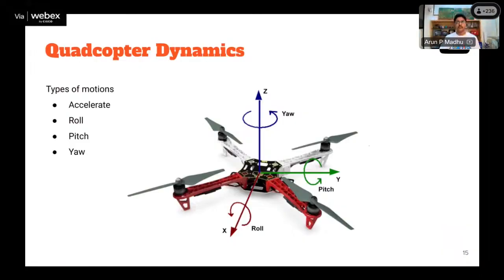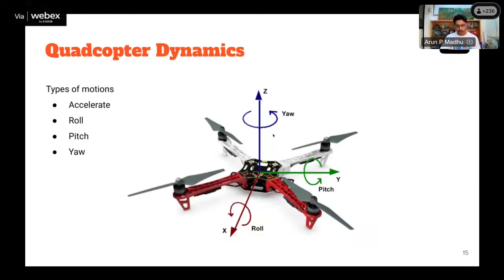Sometimes we can also term it as thrust. So you are just moving upwards or downwards. Then we have roll and pitch motion. Roll motion is the drone moving sideways, and the pitch motion is the drone moving back and forth, and the yaw motion we can consider as moving on its own axis.